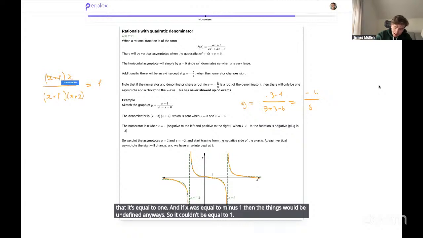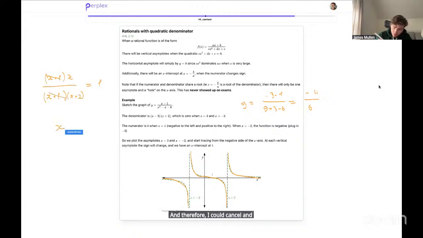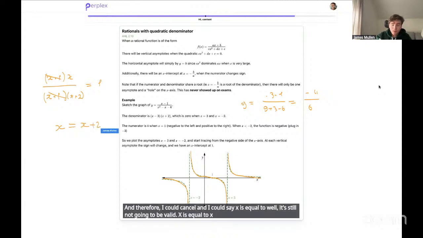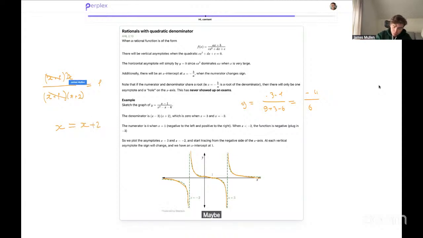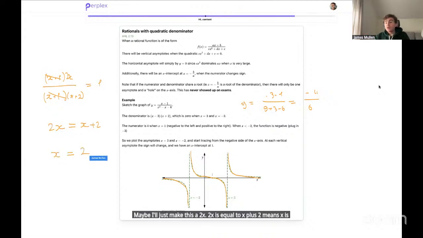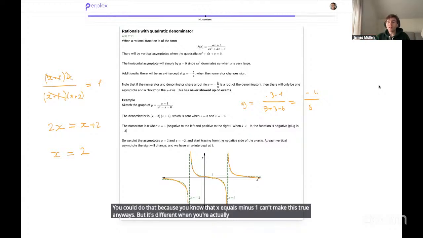Therefore I could cancel and say x is equal to x plus 2. I picked a poor example. Maybe I'll just make this a 2x. 2x is equal to x plus 2 means x is equal to 2. You could do that, because you know that x equals minus 1 can't make this true anyways. But it's different when you're actually plotting the function and not solving it equal to something.